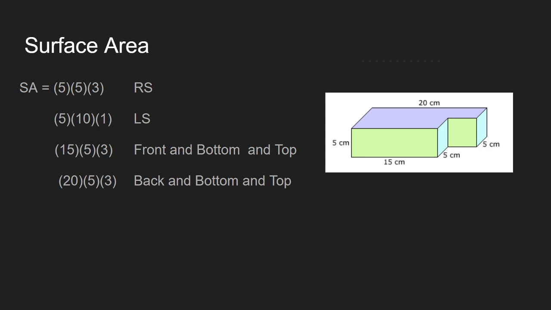So here's 75, here's 50, add those together and you have 125, and then you add 135, and that gives you 260, and then you add 300 to that.